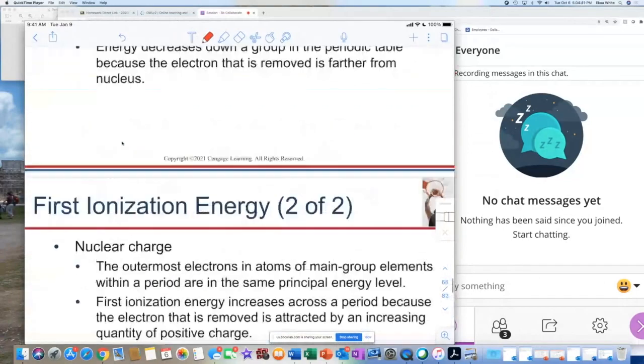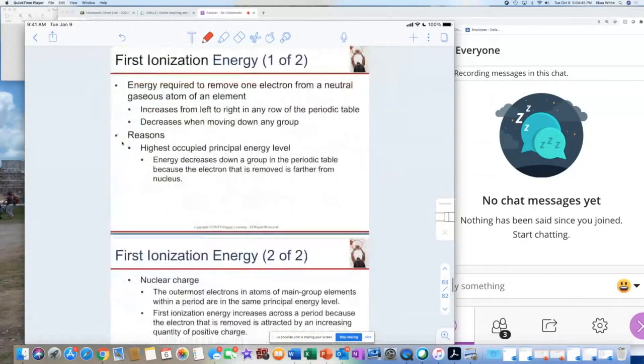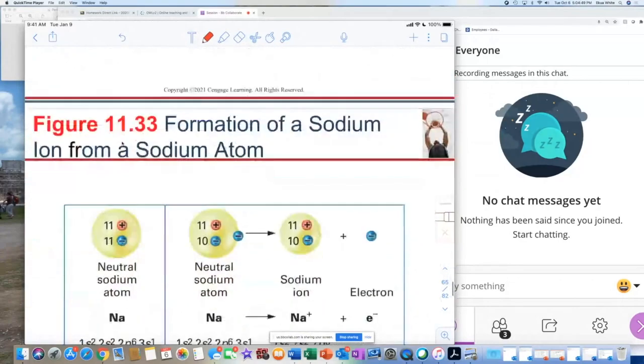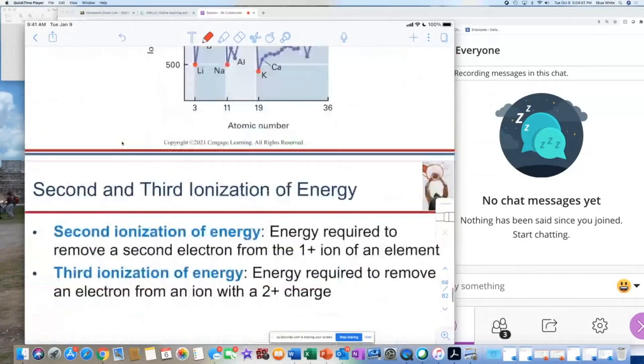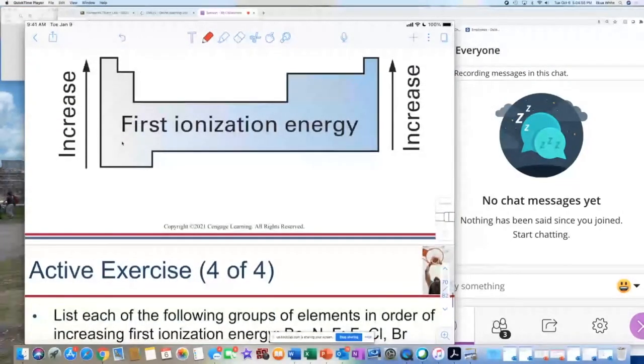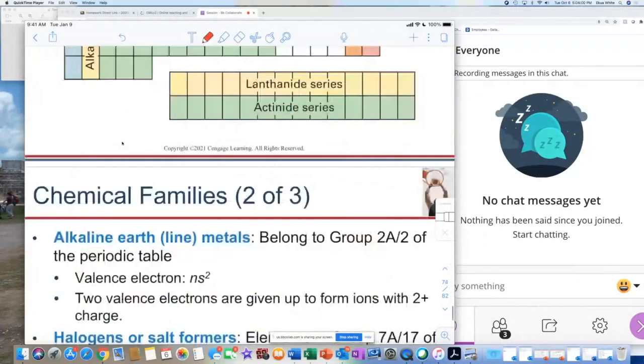Okay, let me see. Is there anything relating to that? So I want to go over ionization energy, at least go over that part, and then whatever we have left, we'll cover in the next lesson. I want to go over at least the ionization energy, do this trend, and then I'm seeing how much we have left, chemical families. The rest of this is not that bad.